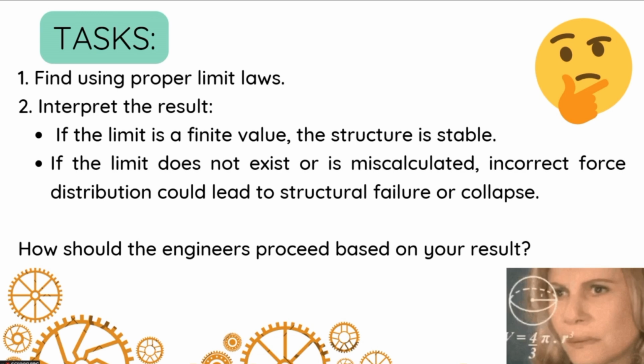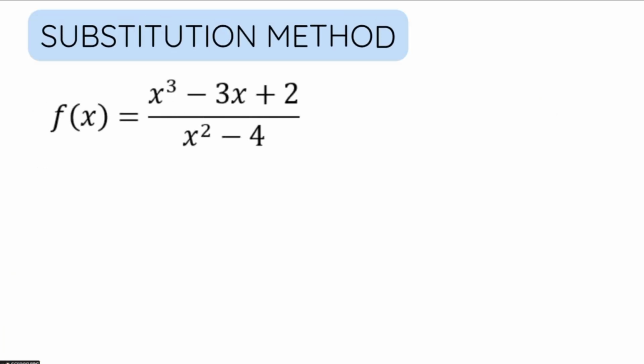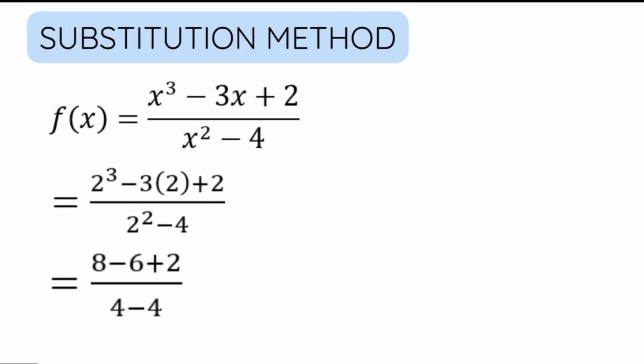And the first thing we usually try is direct substitution. So let's plug in x equals 2 straight into the function x cubed minus 3x plus 2 over x squared minus 4. So what happens if we substitute x equals 2? It will turn into 2 to the power of 3 minus 3 times 2 plus 2 over 2 squared minus 4. 2 to the power of 3 becomes 8.